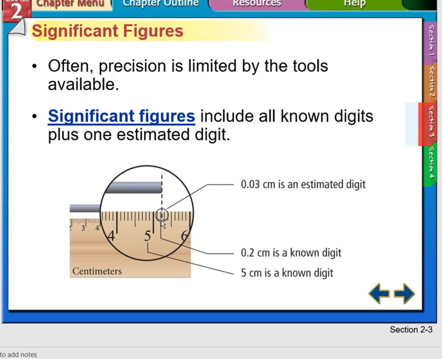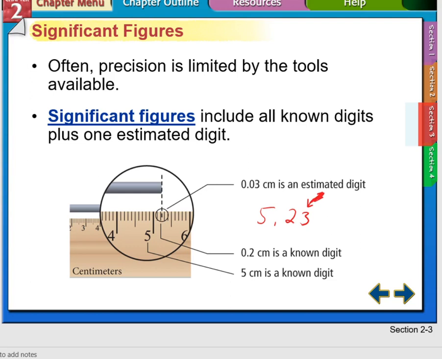So you're going to estimate between the two, and that's the last you can do there. So you know it's 5.2, and then you can estimate the last one. So it would be 5.23. And this one is the last one that we estimated, and it's the furthest we can go.